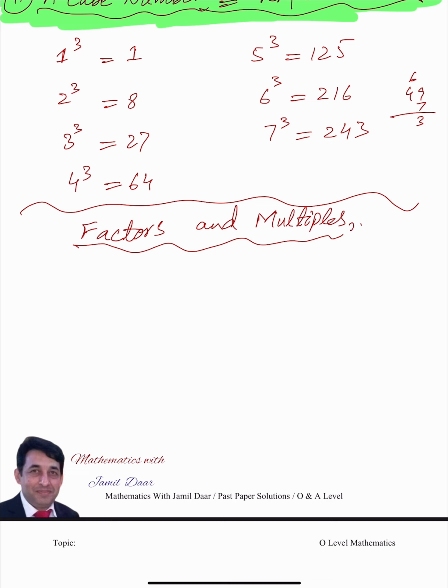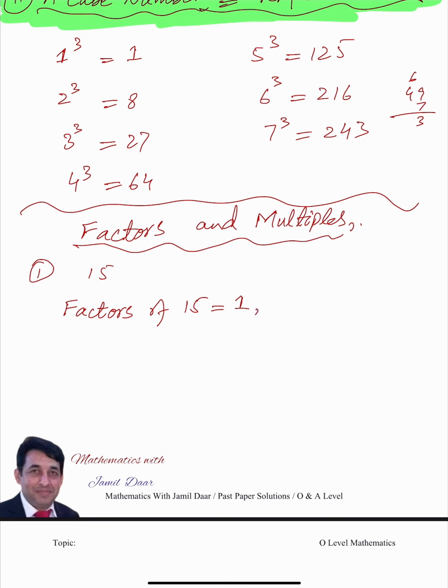Factors means, for example, we have the number 15. What are the numbers that can divide 15? They are all called the factors of 15. The number 1 can divide 15.